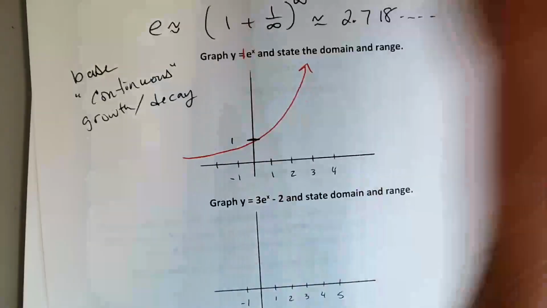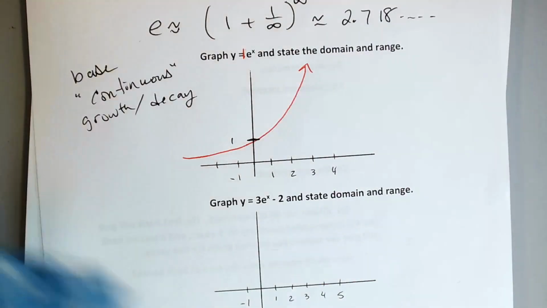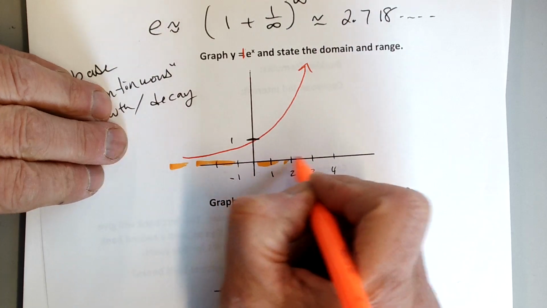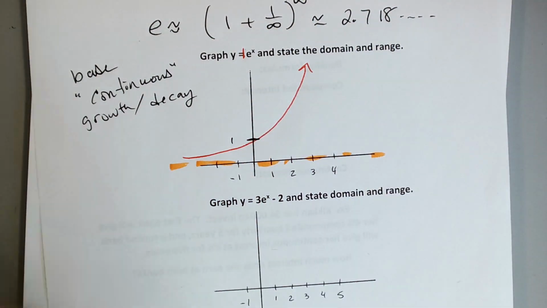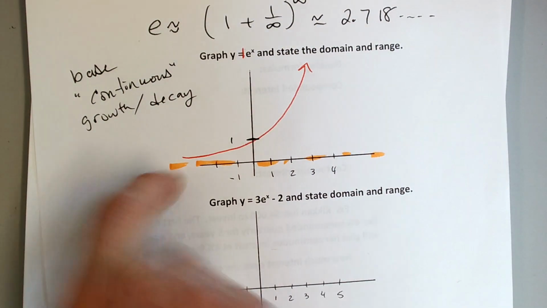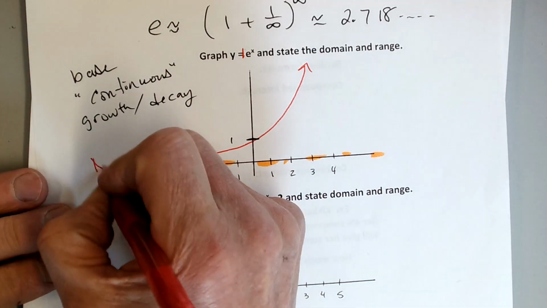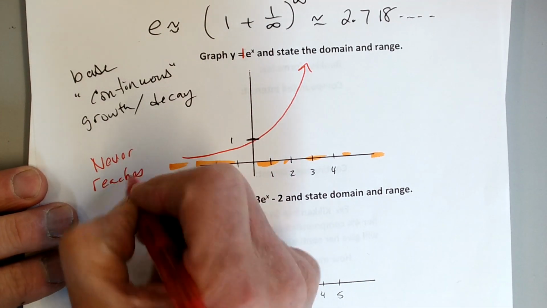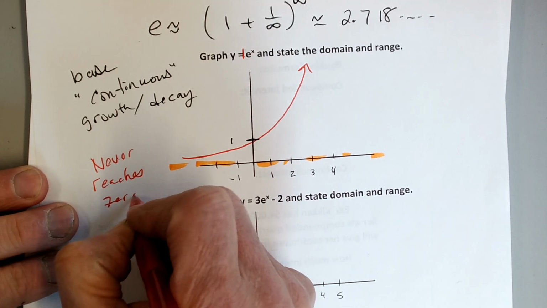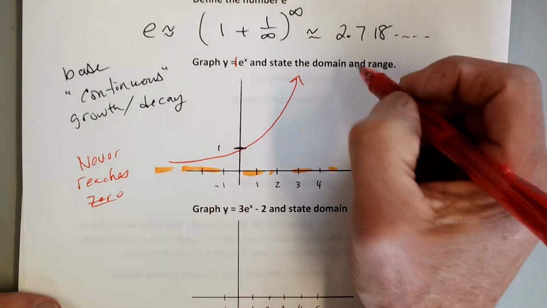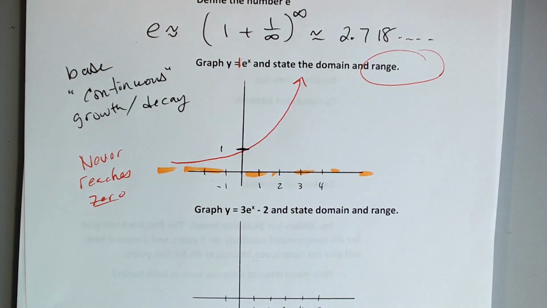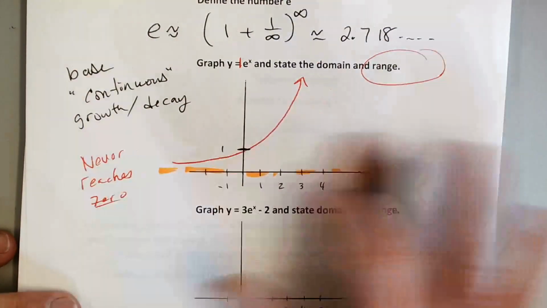So when we graph these, I need a couple of things. One is the correct shape, and then I also like to put in the asymptote. There's a horizontal asymptote here because it never reaches 0, okay? As far as domain and range, the domain's everything because it's forever wide.